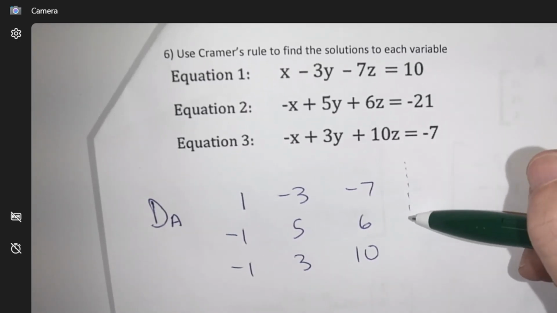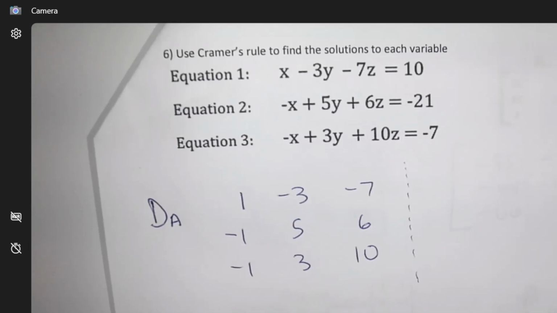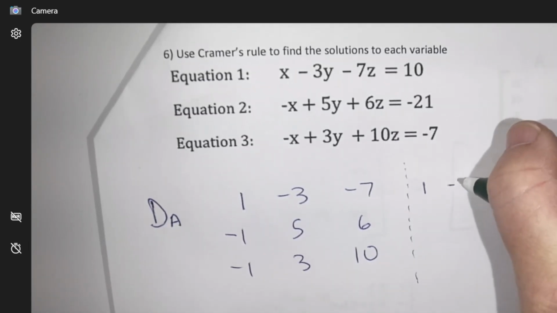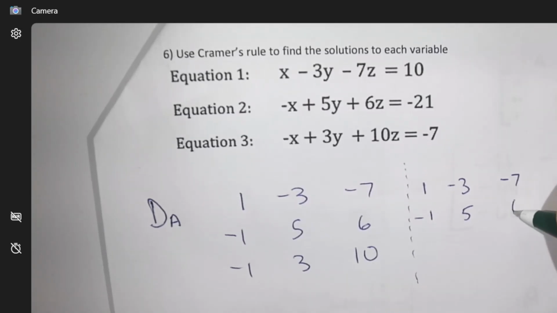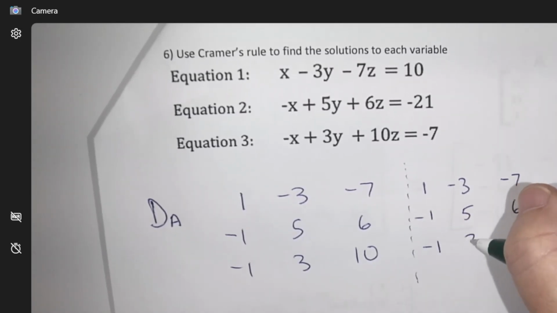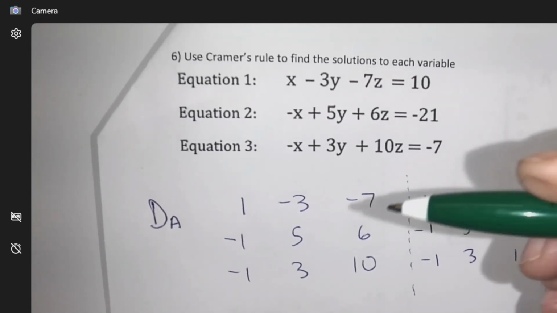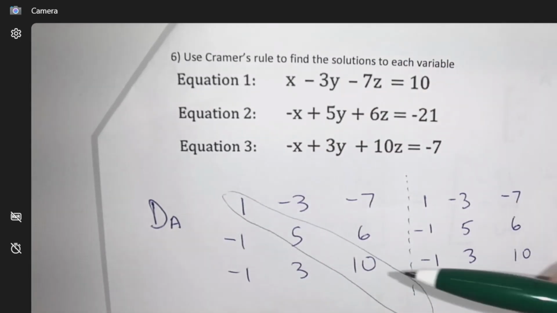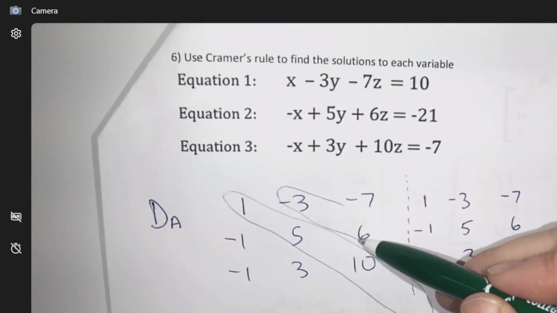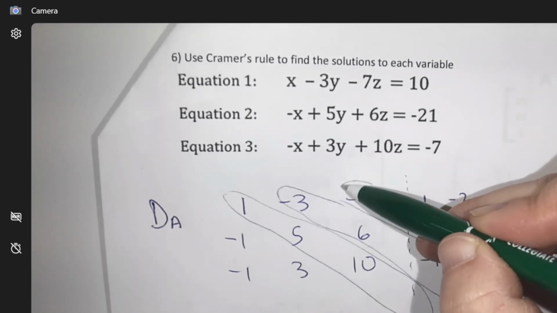And then you start repeating. So I need 3 down diagonals of 3.